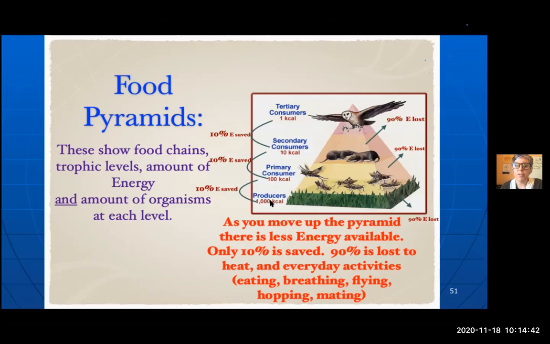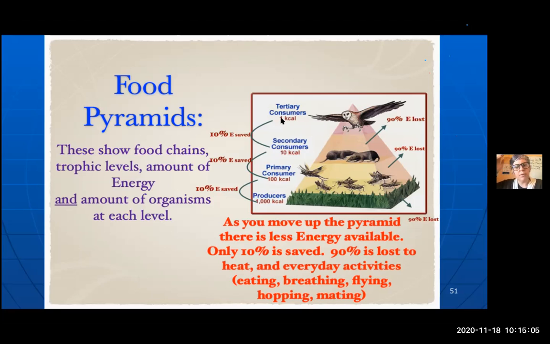So if we're looking at this mathematically, we're just moving our decimal point one over from the left. So 1,000 kilocalories goes to 100 for the primary consumers, and then 10% gets saved to go to the secondary consumers. So it's only 10 kilocalories. And all that's available for the owl is 1 kilocalorie at the top.